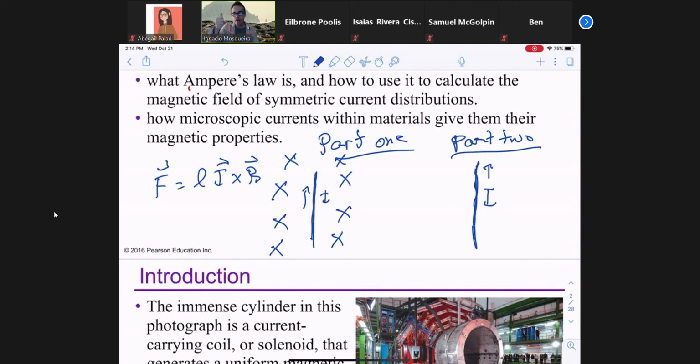You put a wire with a current. This wire generates a magnetic field at the location of the second wire. Now, the second wire is itself carrying a current, and because it's in the external magnetic field of wire number one, wire number two suffers a force. So it turns out that wires side by side interact with each other. They affect each other. There is a force between them.